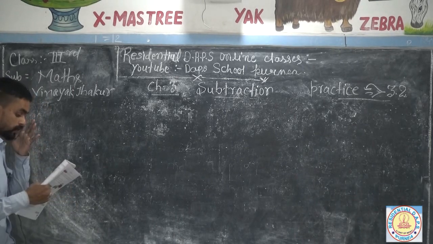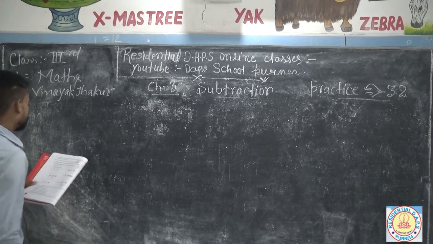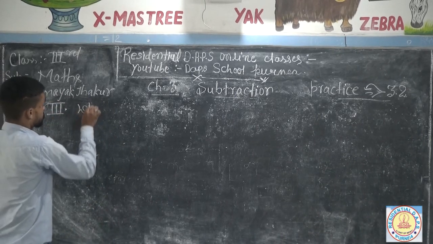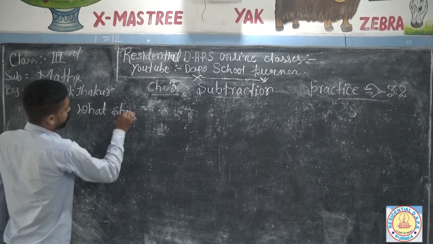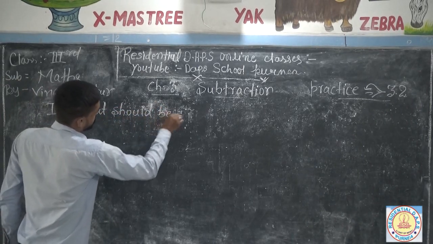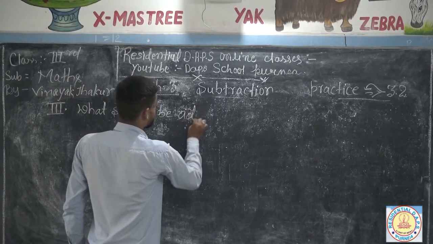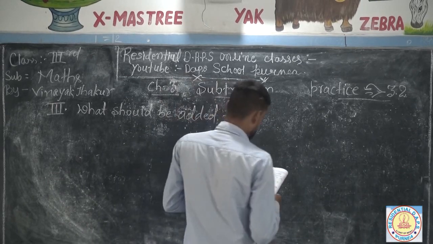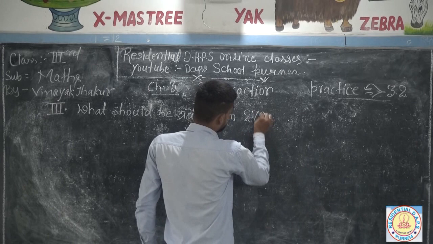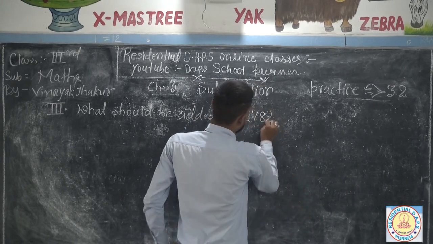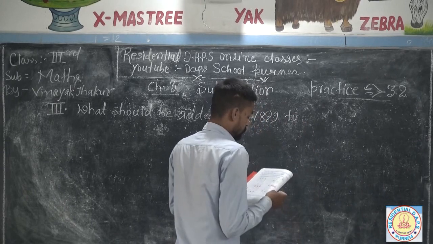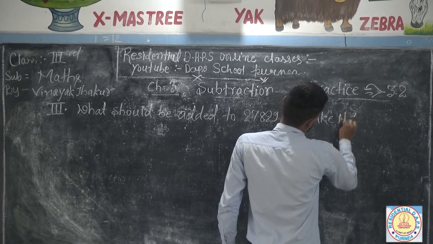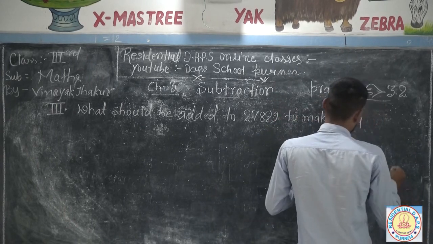Your next question is, what should be added to this number to make it that number? Question number 3: what should be added to 27,829 to make it 40,000?